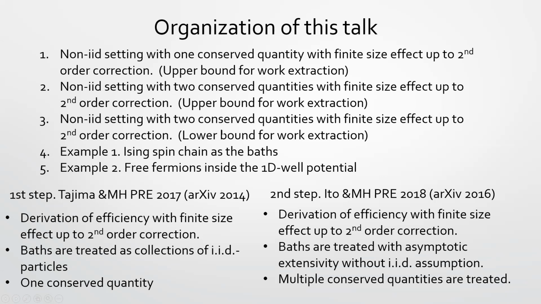Lower bound means that we concretely construct our work extraction process to achieve this upper bound up to the second order. This construction part does not involve the difficulty of multiple conserved quantities. So we explain this one here.